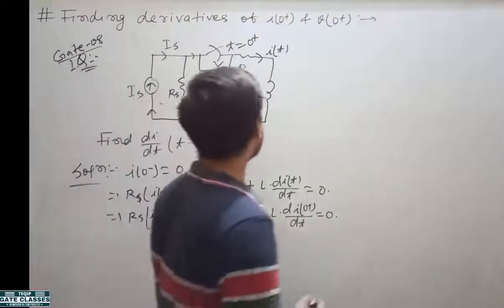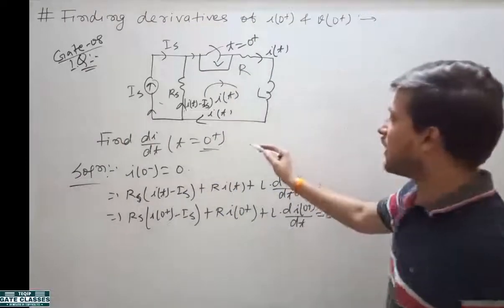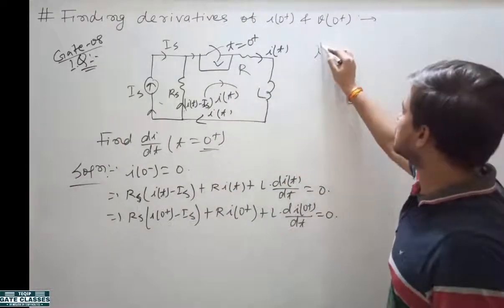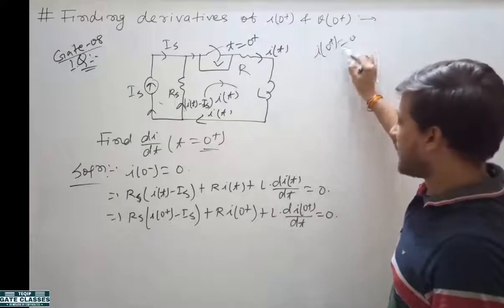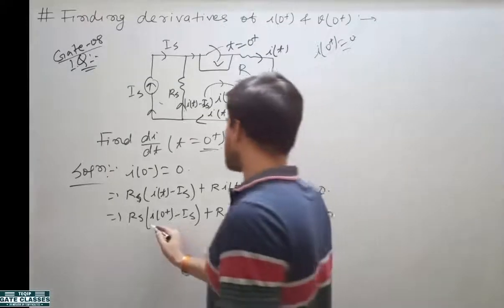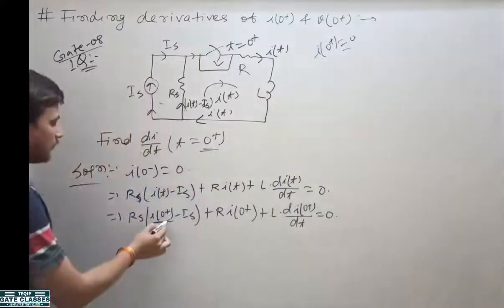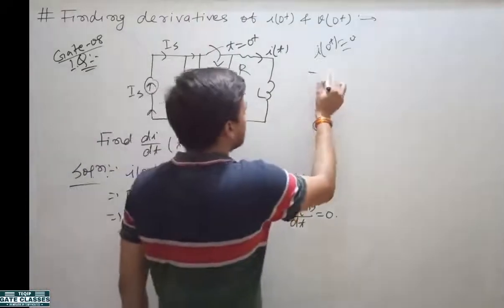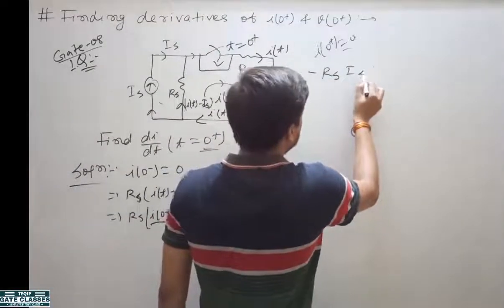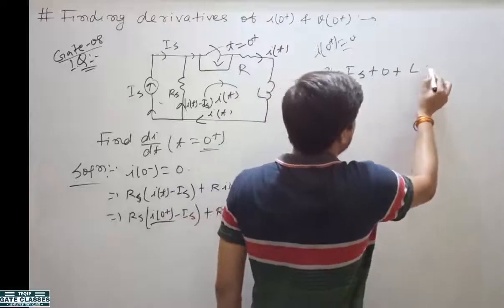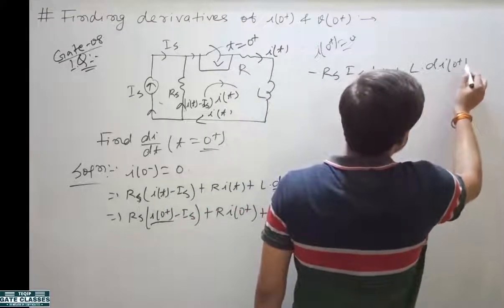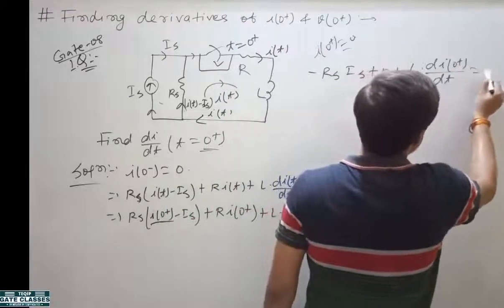Now what will you do? We'll put i(0+). What is the value of i(0+)? i(0+) is 0. If i(0+) is 0, then this term will be 0. So here it will be minus Rs Is plus 0 plus L into di(0+)/dt equal to 0.